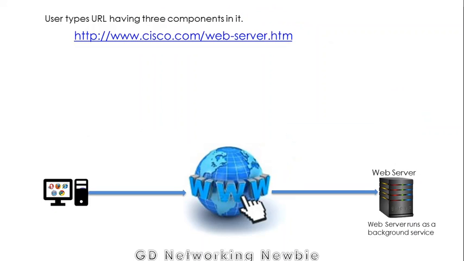Now, to be specific, when a user types any URL, this URL actually has three components in it. For example, I have taken this URL. The first component, or the first part, is the protocol or scheme.